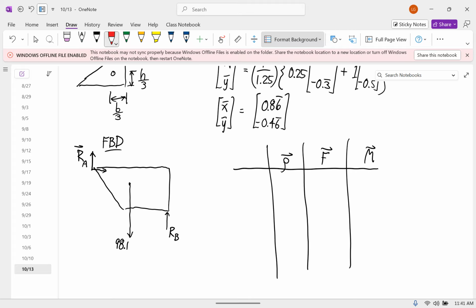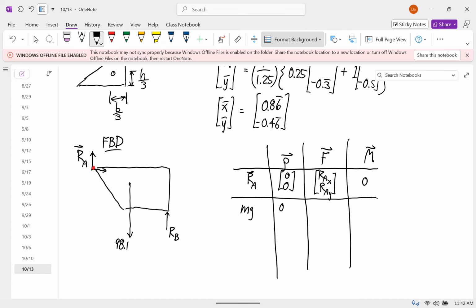So I'm going to make my about point here at what I call the origin. The nice thing about that is that the centroid location we figured out is the r vector for that weight force. I'll start with the force RA. The r vector is 0. The force is RAX, RAY. Cross product is 0. Then the weight force.